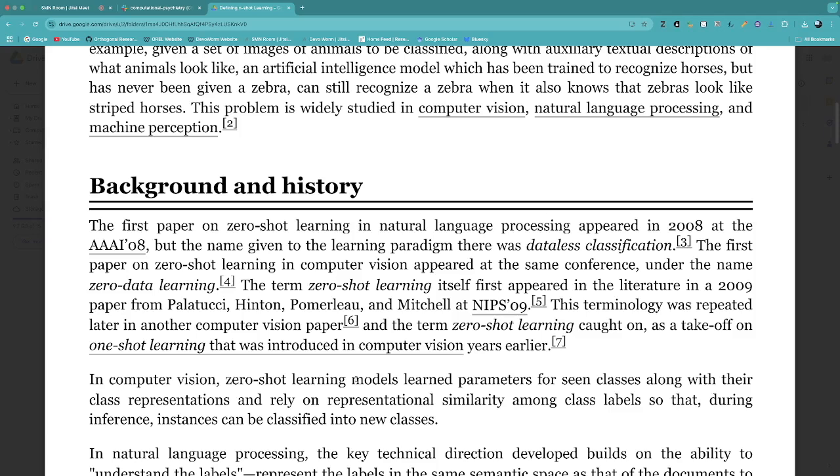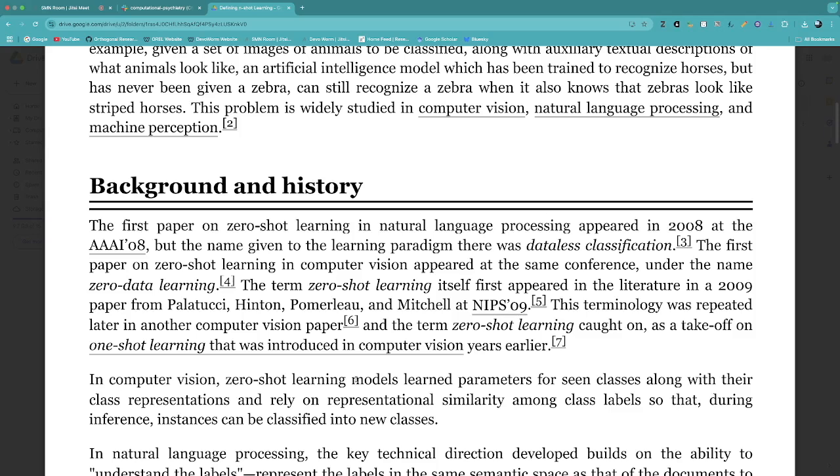The first paper on zero-shot learning in natural language processing appeared in 2008 at the AAAI, but the name given to the learning paradigm there was dataless classification. The first paper on zero-shot learning in computer vision appeared at the same conference under the name Zero Data Learning.